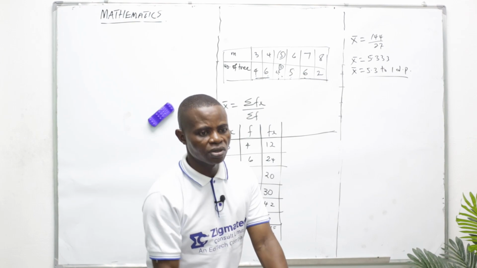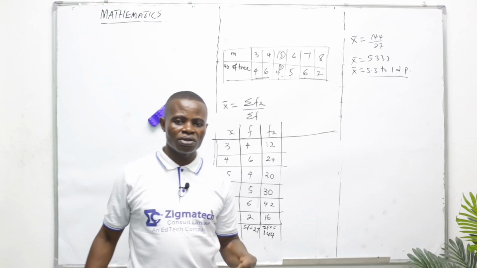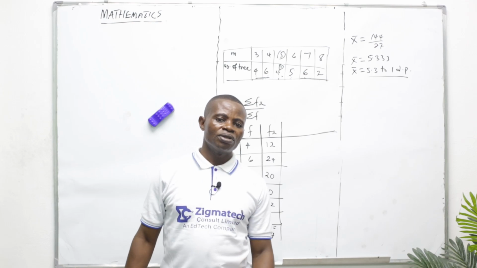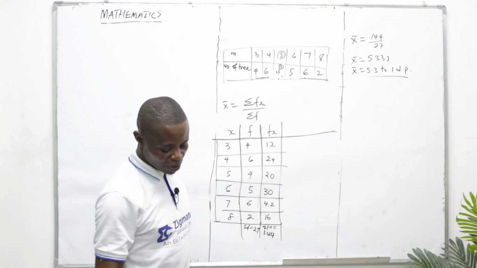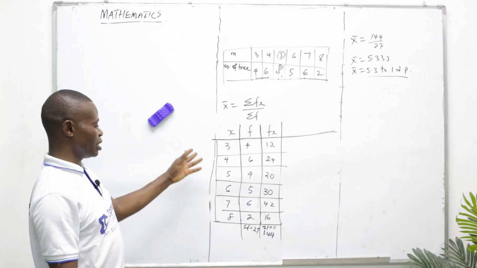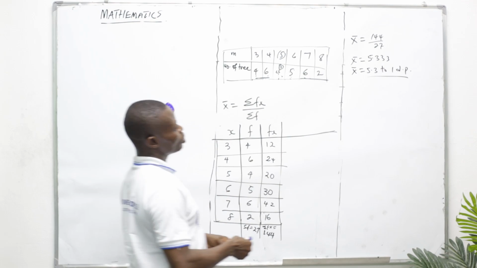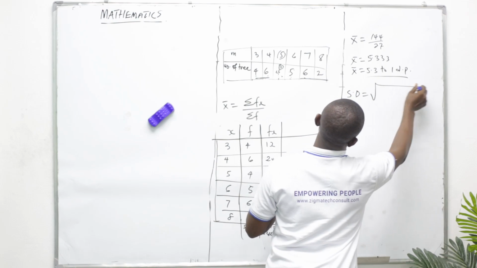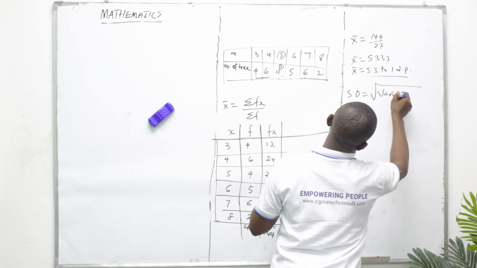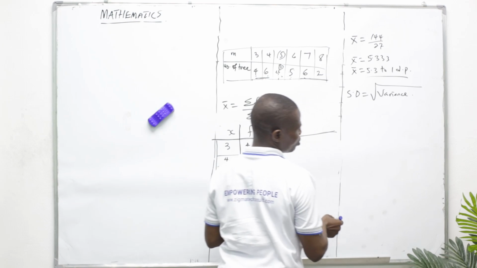The next question: calculate the standard deviation also to one decimal place. So we have to calculate the standard deviation now. You don't need to worry yourself again, you have an existing table. All you need to know is that the standard deviation equals the square root of the variance.